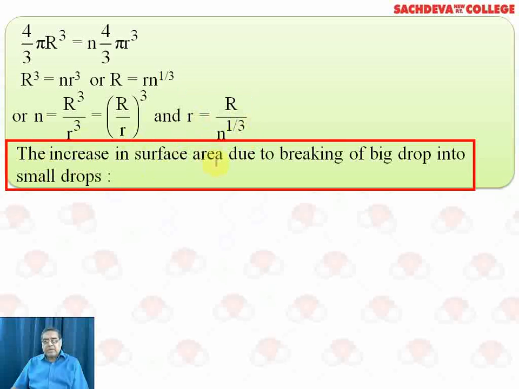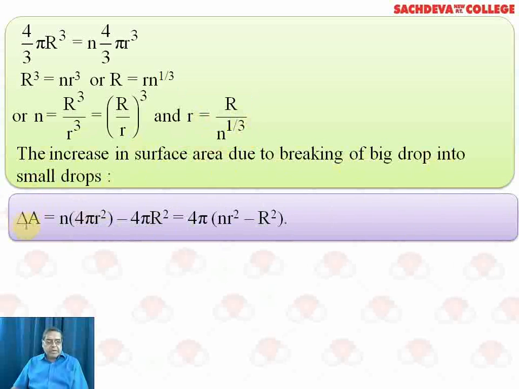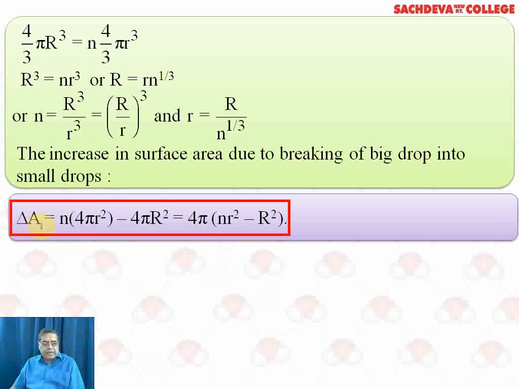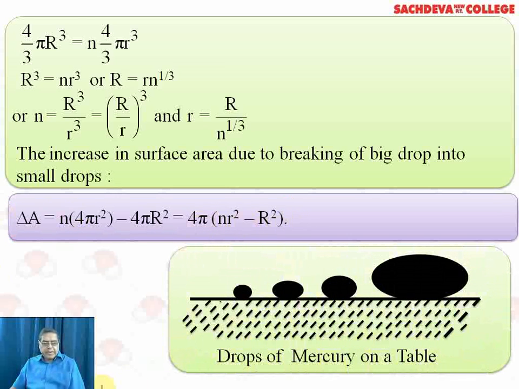The increase in the surface area due to breaking of a big drop into small drops. Now, the increase in surface area is because of the surface tension. So ΔA, the small change in area, is n times 4πr² minus 4πR², where we have taken capital R. Again the same figure is to be consulted: smaller drops are shown on the left side, whereas the biggest drop is shown on the right side.